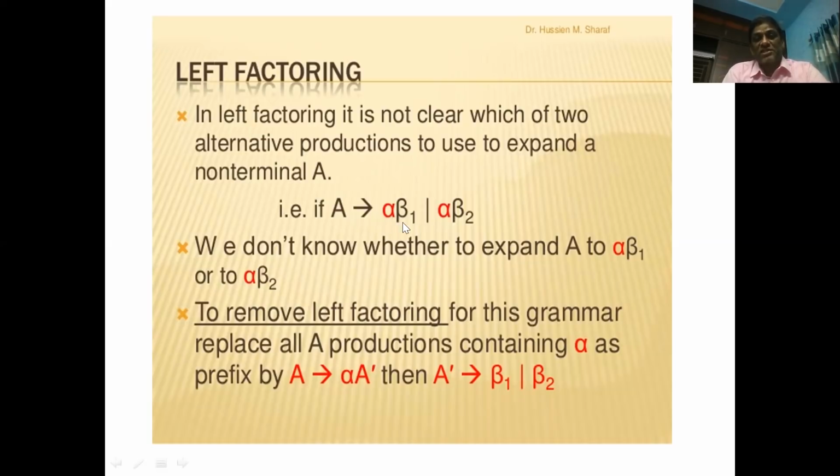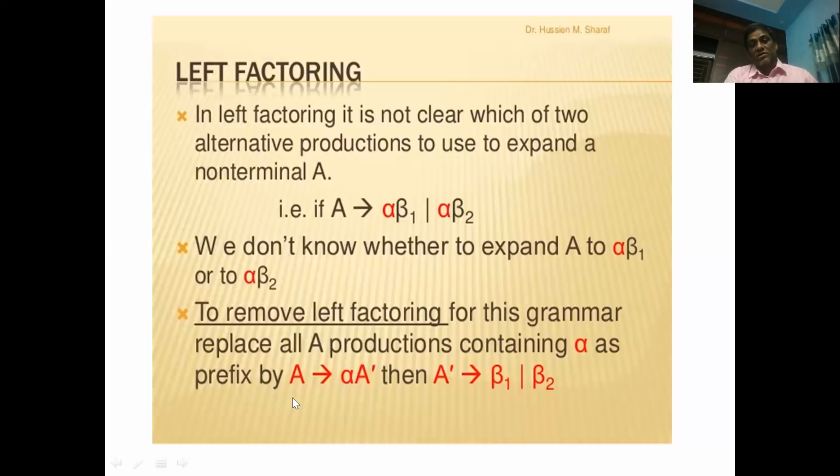So if you observe this example, alpha beta 1 or alpha beta 2, both the productions contain alpha as the prefix. So there is a common prefix over here. Therefore, you need to left factor this production, take this alpha as common and introduce a new variable in place of beta 1 or beta 2 like this. A implies alpha A dash, and then A dash represents beta 1 or beta 2.